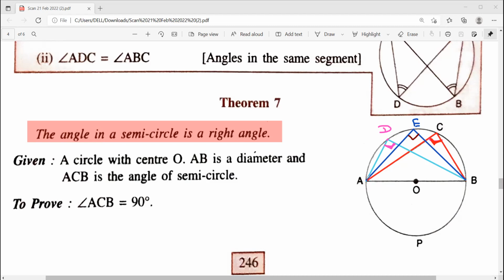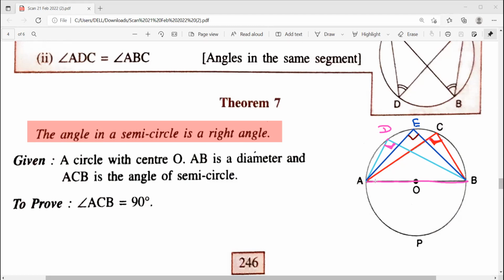So you can say this in two ways: angle in a semicircle is a right angle, or the angle subtended by diameter at any point on the circle is a right angle.